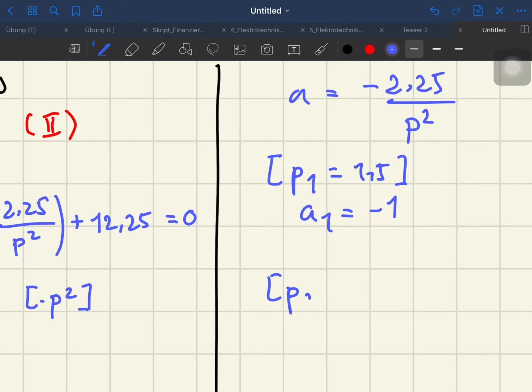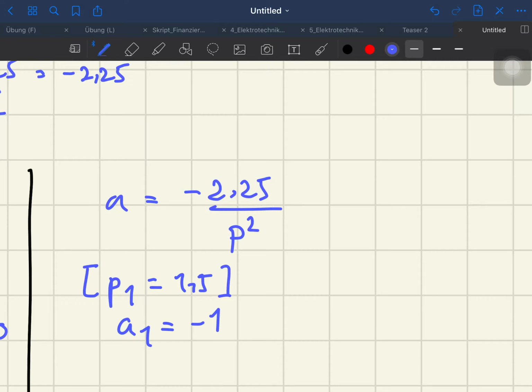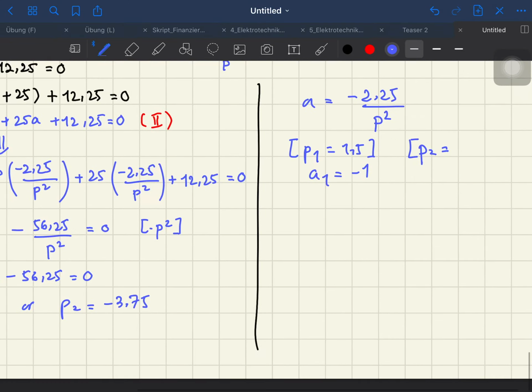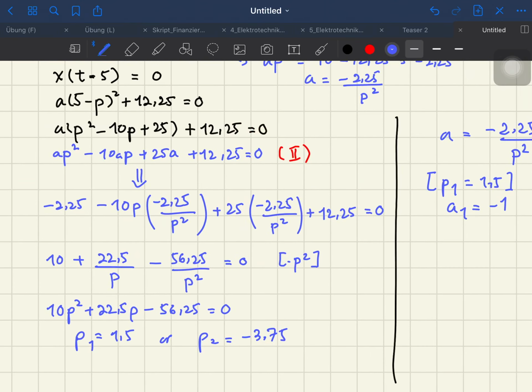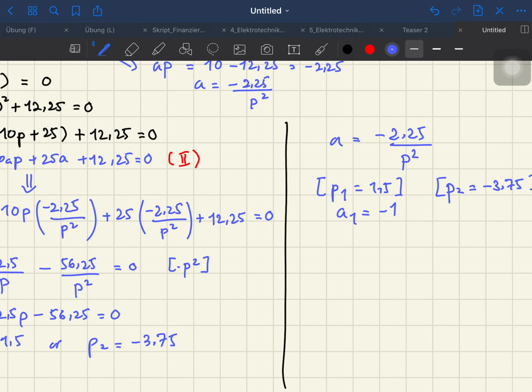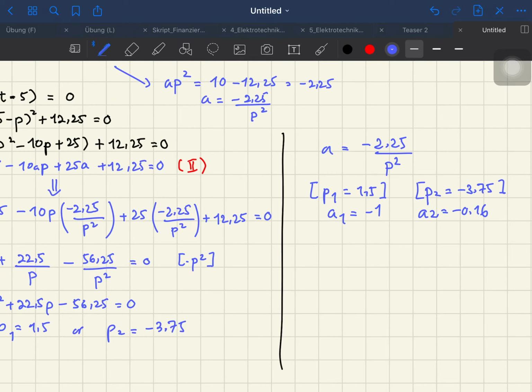And then if our p2 equals, in this case, negative 3.75, you will have a2 equals negative 0.16, interestingly.